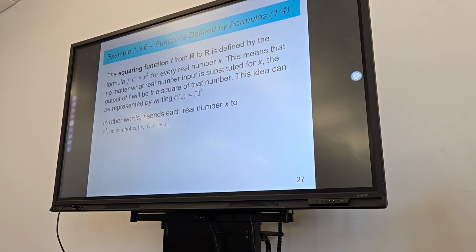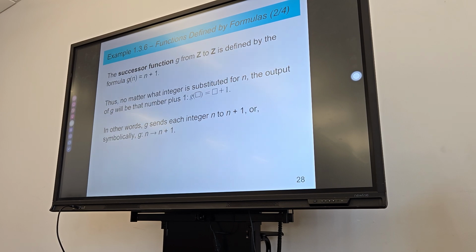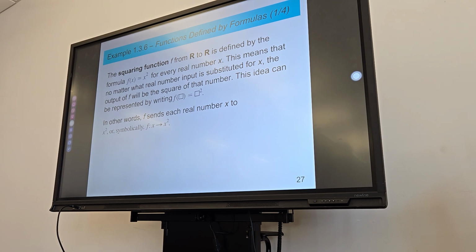The squaring function, f of x equals x squared. That's basic algebra. No matter what real number input is substituted for x, the output of f will be the square of that number. Every real number has a square. You can use the boxes type of thing we covered on Tuesday.